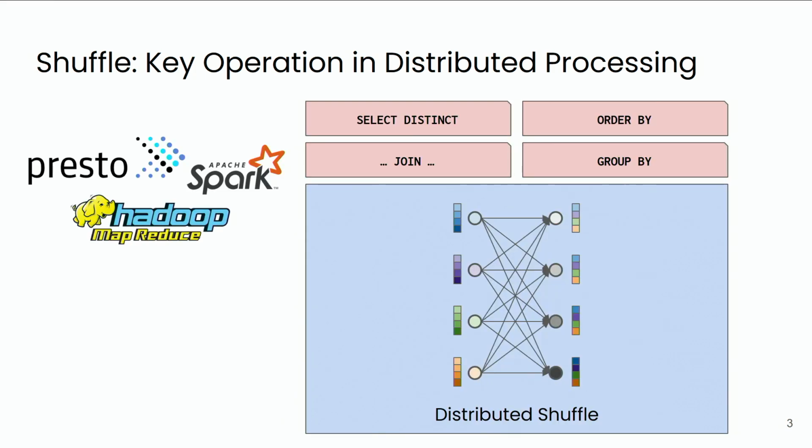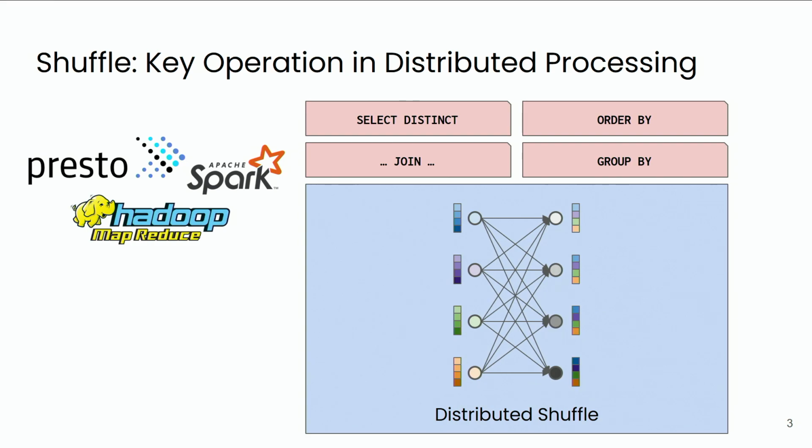It is also ubiquitous. In modern data frameworks, things like Spark, Presto, and older frameworks like Hadoop, people usually write high-level SQL operations, and a lot of them actually translate into shuffle operations under the hood. Think about selecting distinct elements from a large data set, sorting, grouping by, and some joins, such as sort merge join.